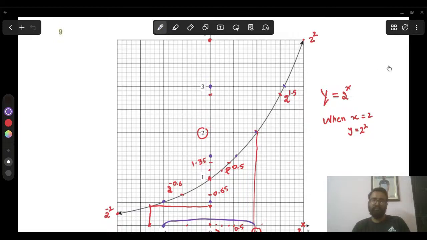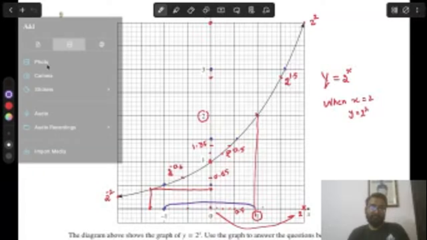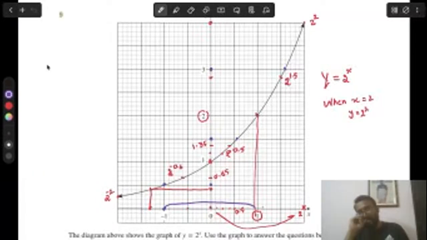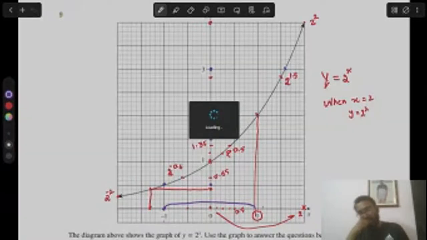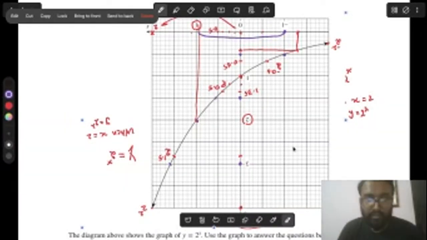No. This is a graph of log x. I'm taking this graph to the side.